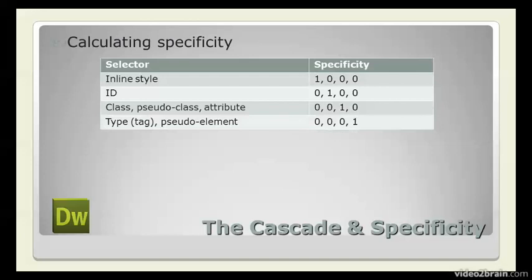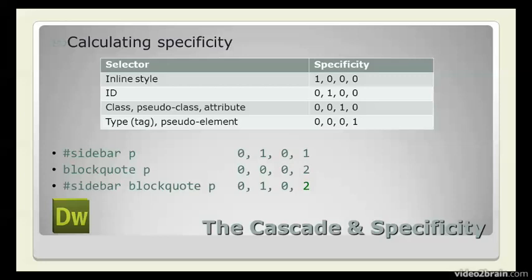The official way of calculating specificity uses four numbers separated by commas. To work out a style rule's specificity, you add up the values of each part of the selector in each comma-separated group. These examples should make it a little bit clearer. In the first one, there's an ID selector and a type or tag selector.